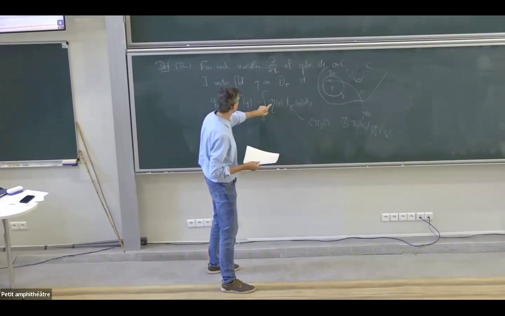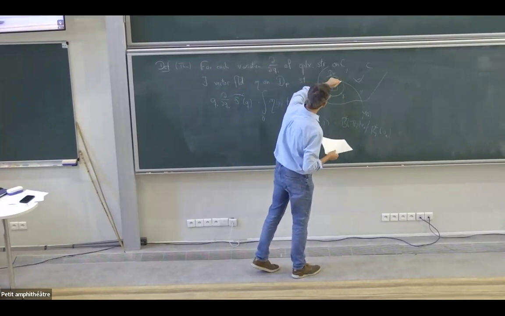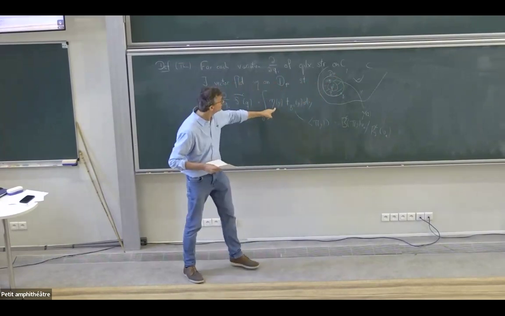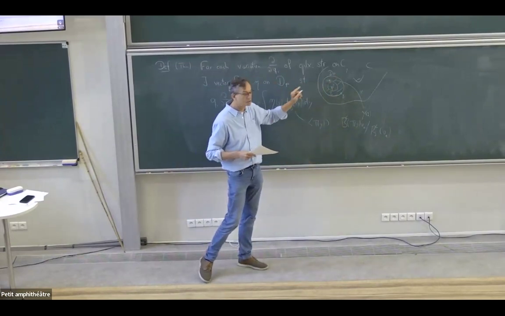What is behind here is that for each variation of the complex structure, I can find a vector field in an annulus surrounding the puncture, which corresponds to it.